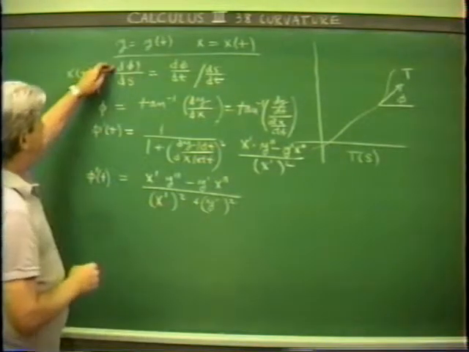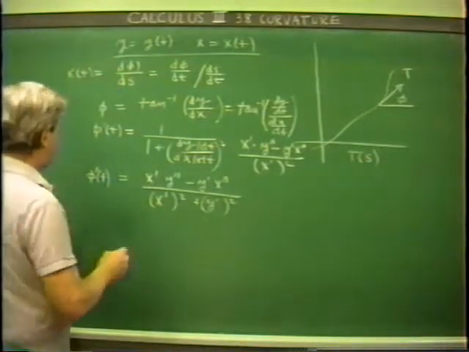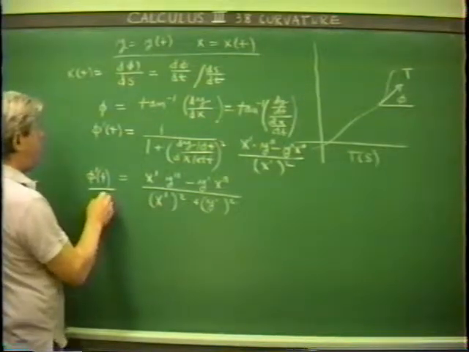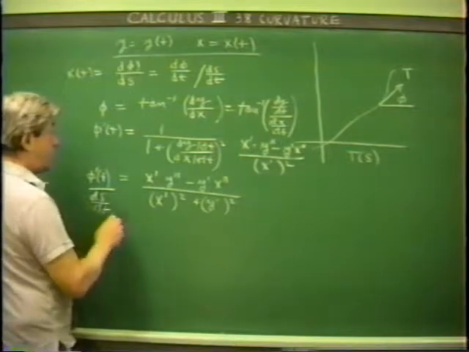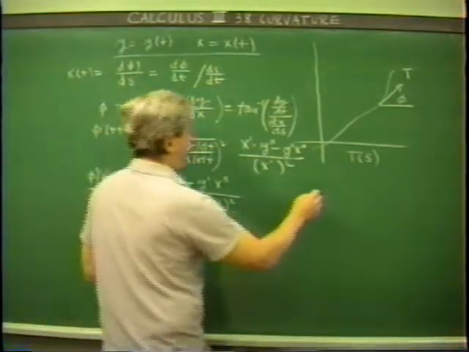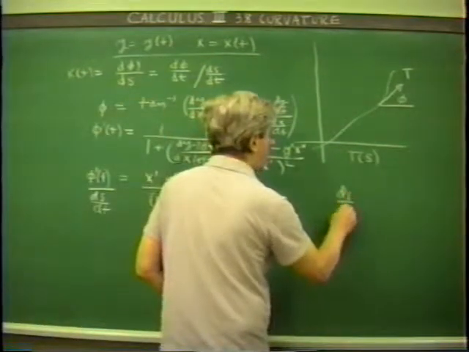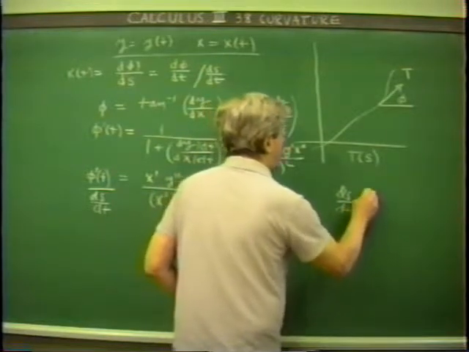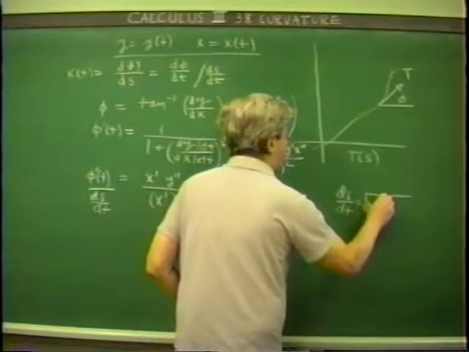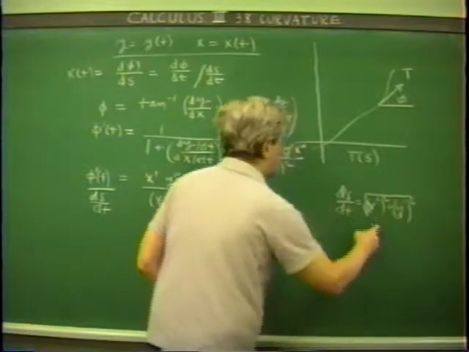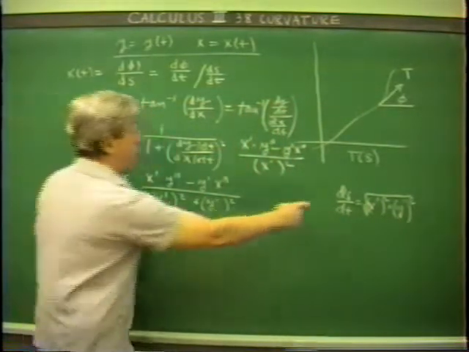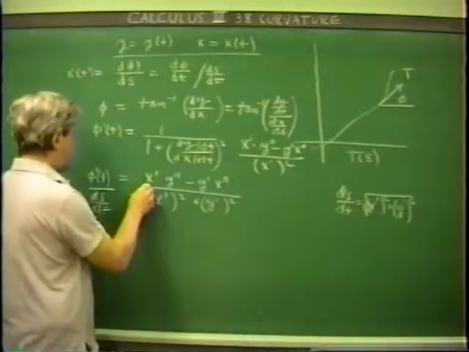Now this is phi prime of t. What we want is d phi/ds, so what we wish to do with this is divide by ds/dt. So ds/dt is the square root of x prime squared plus y prime squared.